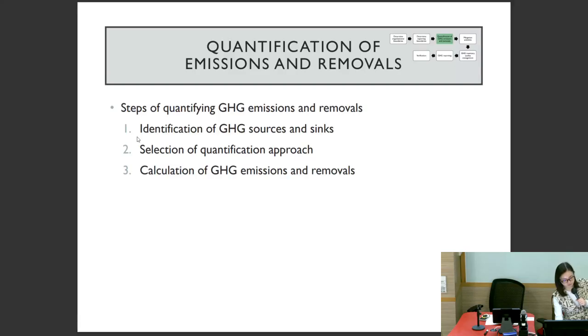First of all, identify the sources and sinks, and select a quantification approach. So how you determine the quantity. We may use calculation and we may use direct measurement. Okay, we will explain this later. And then lastly, calculate the emissions and removals in the unit carbon dioxide equivalent.